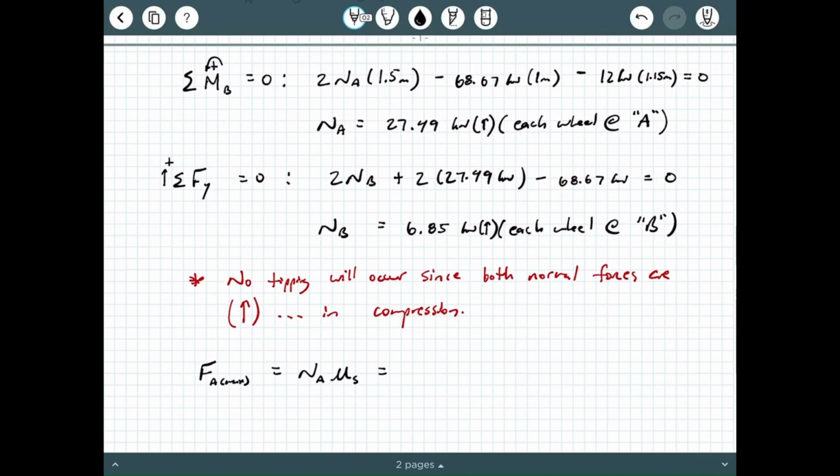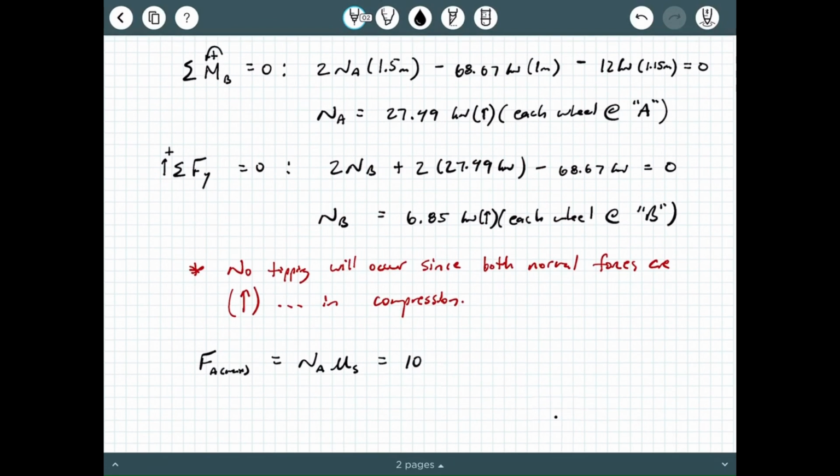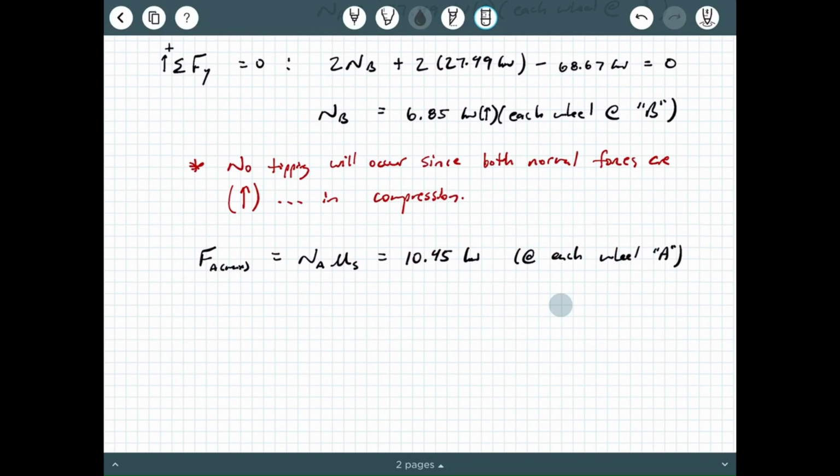Okay, so we're going to say it's 0.38 times 27.49. So we get 10.45 kilonewtons. And again, this is at each wheel A, okay?